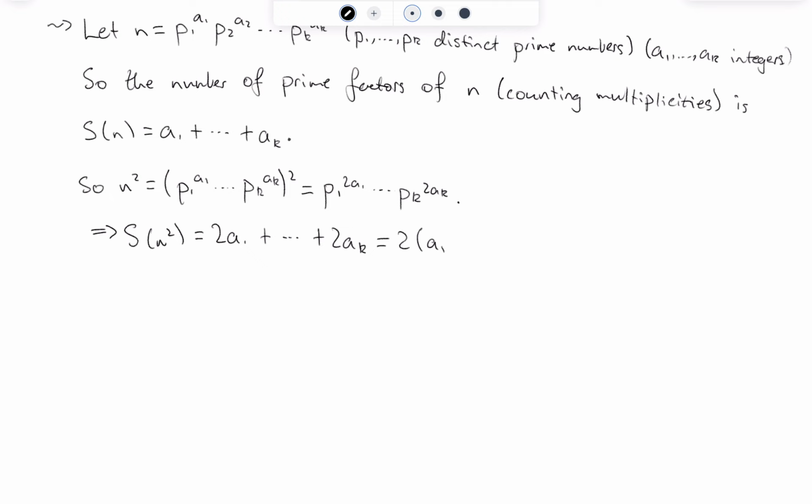And then we have A1 plus dot dot dot plus AK. Clearly this expression here, regardless of the values of the AIs, this bracketed value, this sum, is going to be just some integer. And when we multiply an integer by 2, it's going to be even. So this is an even number.